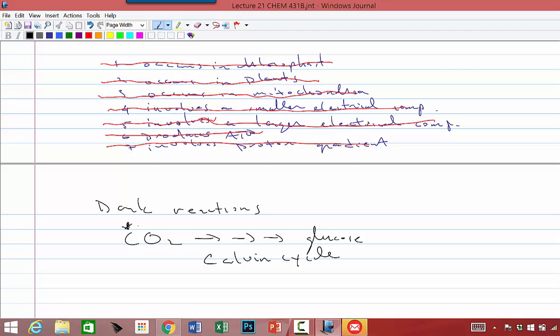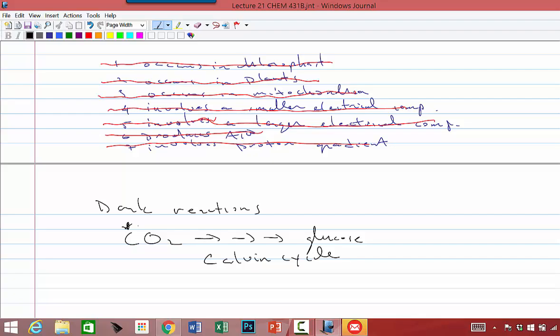Okay, we're now ready to talk about a summary of the light reactions and the dark reactions. Okay, so this is on page 699 of your book. The dark reactions, we're going to have carbon dioxide being incorporated into glucose.